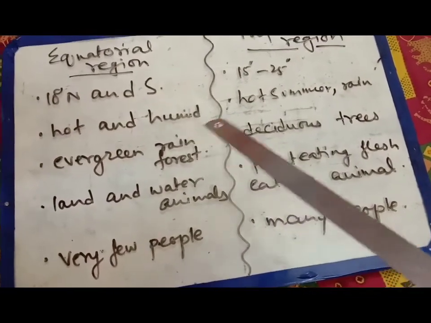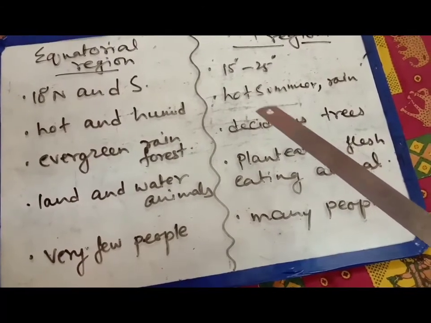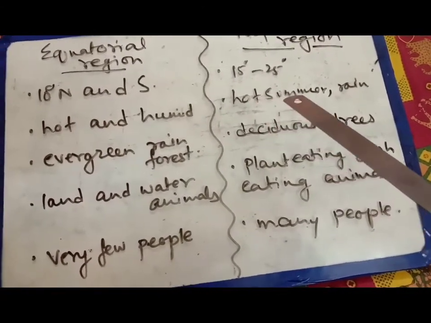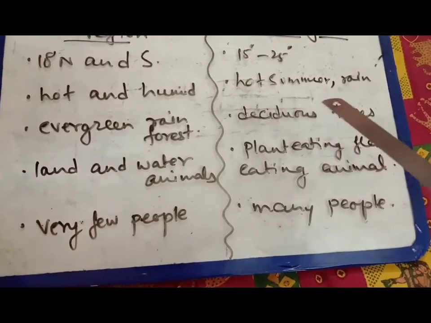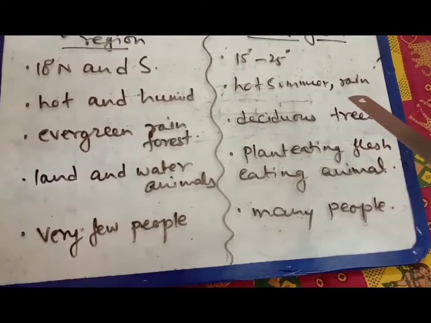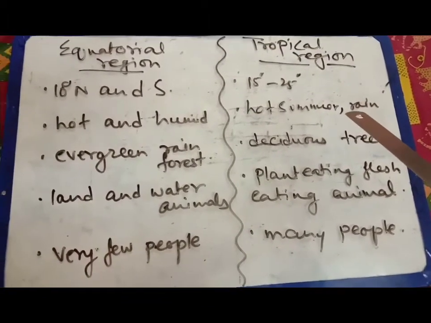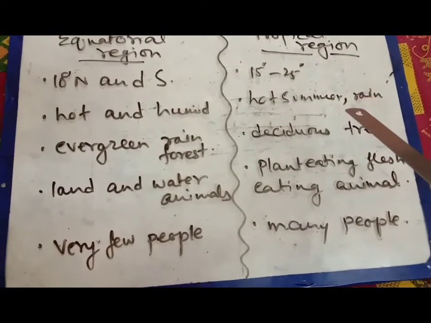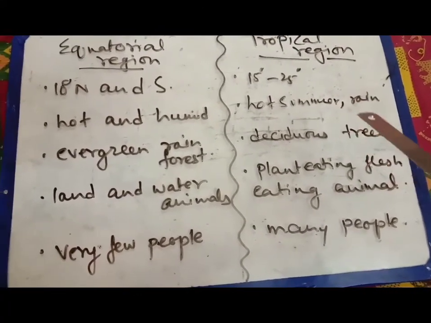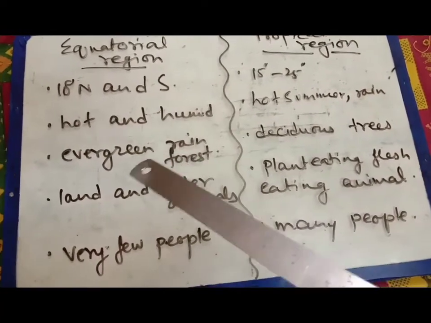The tropical region is not like the equatorial region, but it is obviously hot in summer, there are rainy months, and the winters are cool. It is not a piercing winter, but winter prevails here.